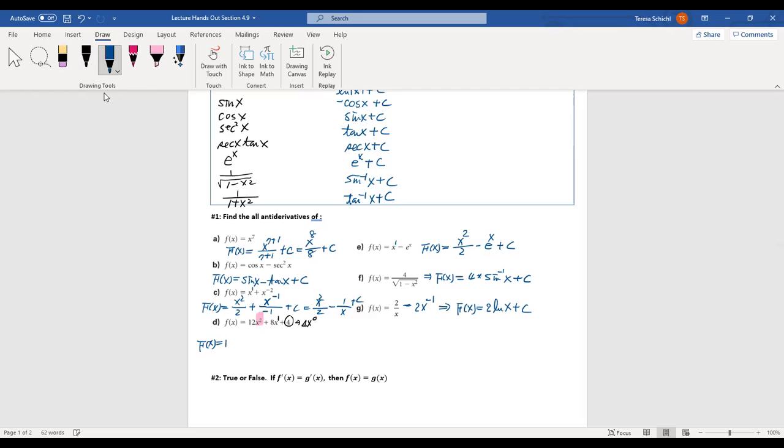This is 12, so this is x squared, 2 plus 1 is 3, then here this is x cubed. Then here this is plus 8, then this is x to the 1, 1 plus 1 is 2, then this is x squared. Then plus 4. Here be careful, here is x to the what?